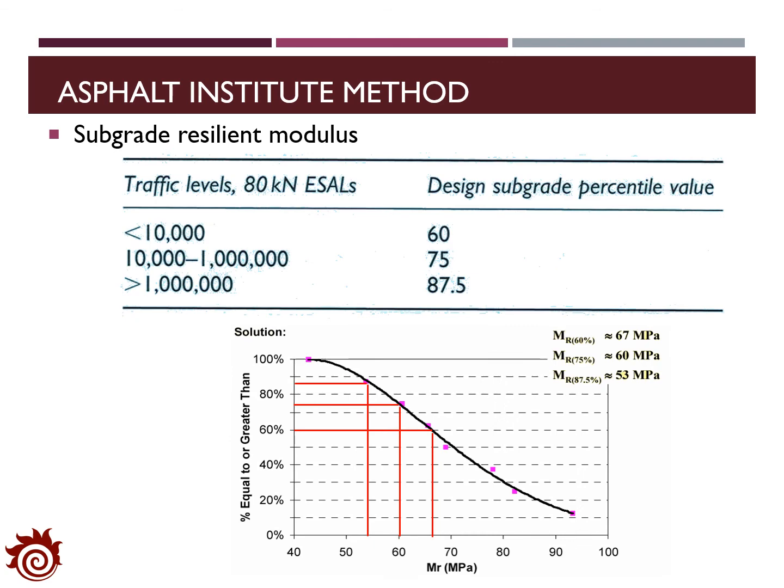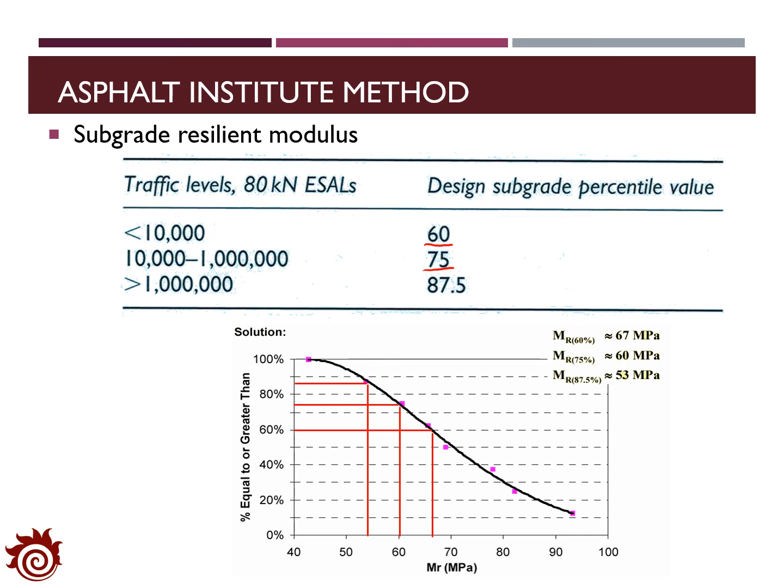As we stated on the previous page, the selection of the MR value depends on the traffic level for the design pavement. Usually with a smaller traffic level, the percentile of the MR will be smaller. For traffic level with ESAL less than 10,000, we have to choose the 60th percentile for MR. If the traffic level is between 10,000 and 1 million, we need to choose the 75th percentile.